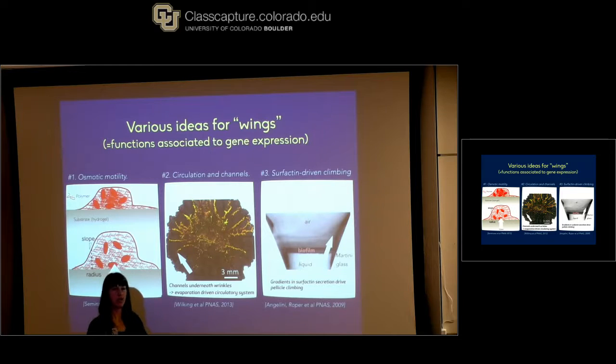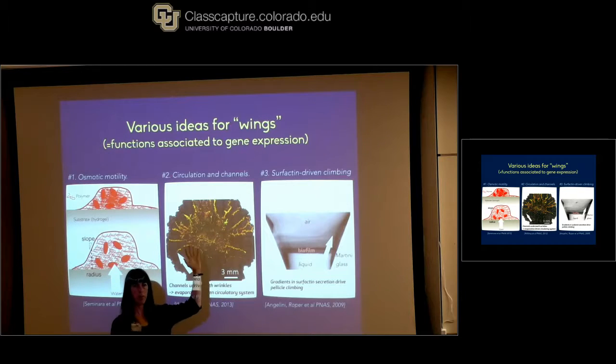So you need stuff to get in by advection rather than diffusion, and this requires a circulatory system. The interesting thing is that you don't only need the system, you need a pump. And in this system, it looks like evaporation, differential evaporation drives the flow. So really, I really love this work. And it's one way to connect matrix production to a function.